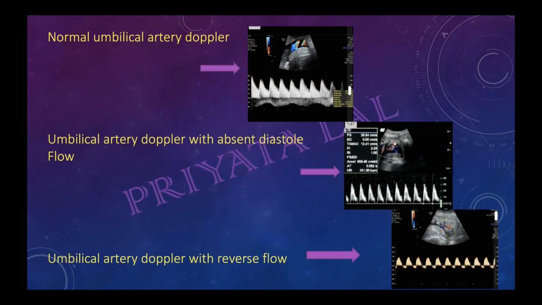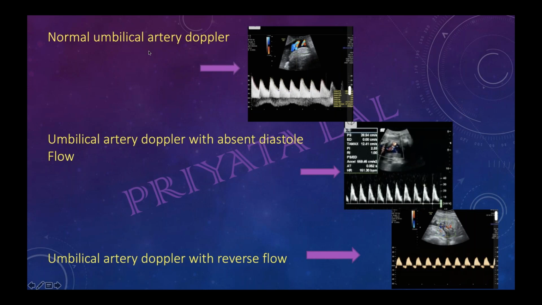Now in the last part of your guideline, there are three tables, and they depend on this Doppler only. So this is the umbilical artery Doppler, with systole and diastole. Now you can see there is a very good flow in the diastole, so it is a normal umbilical artery Doppler.